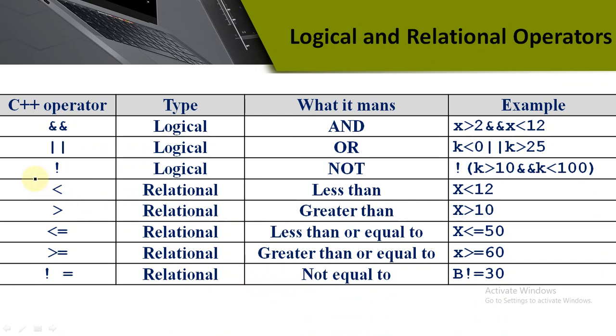Logical and relational operators. Of course, there are only 6 relational operators, and you know, whenever we want to take decisions in a programming environment, we need to construct what are called relational expressions. Relational expressions, unlike mathematical expressions, will be built out of these relational operators.